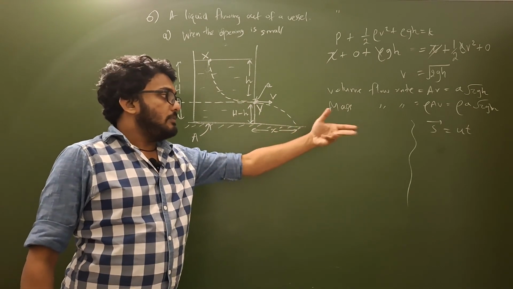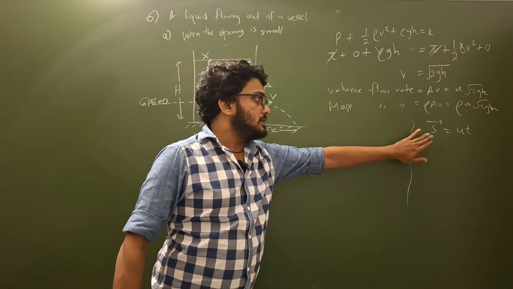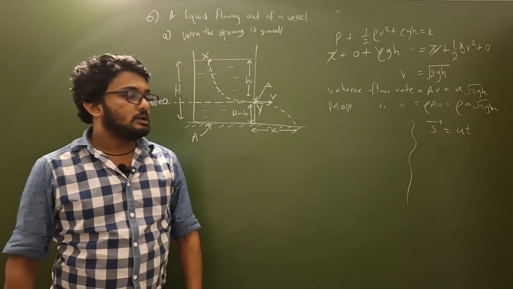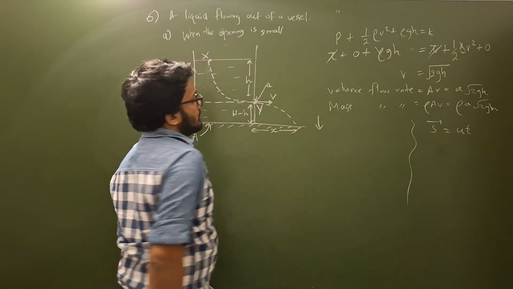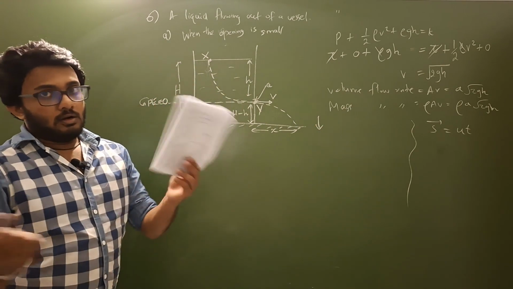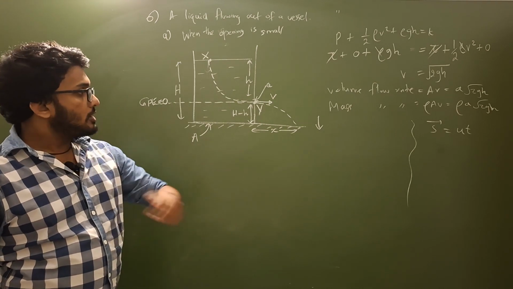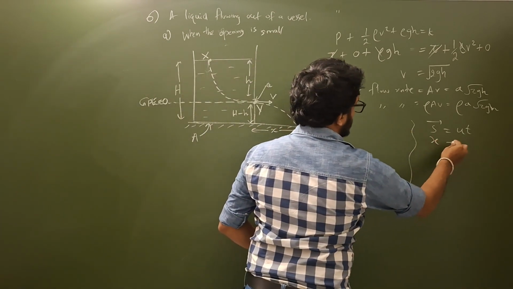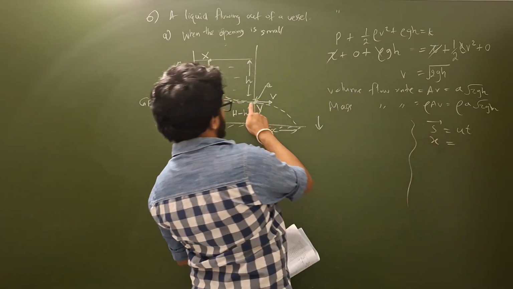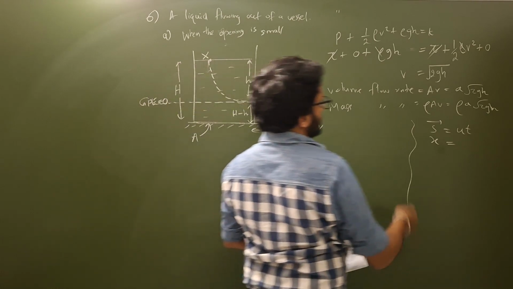In the downward direction we have a few more equations. So this is x, this is x. The initial velocity of this fluid flowing in the horizontal direction is v.